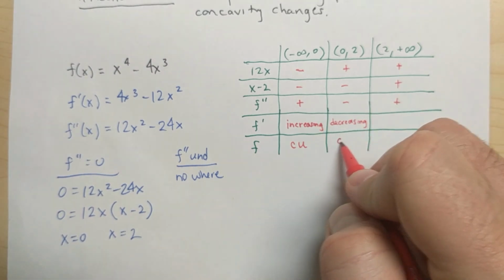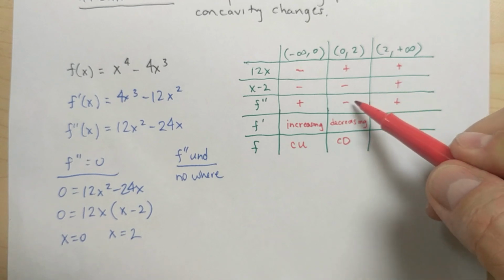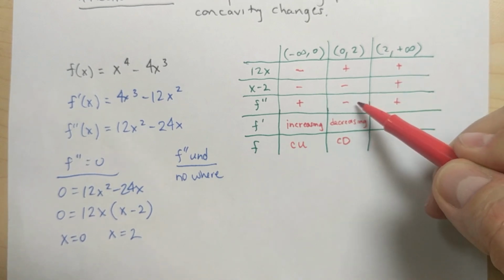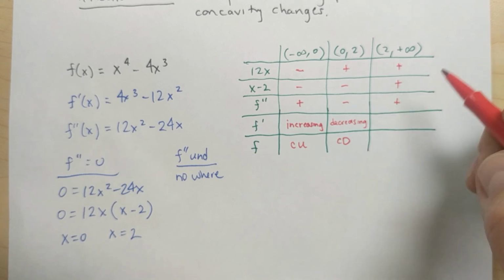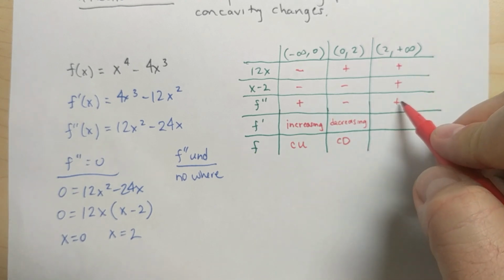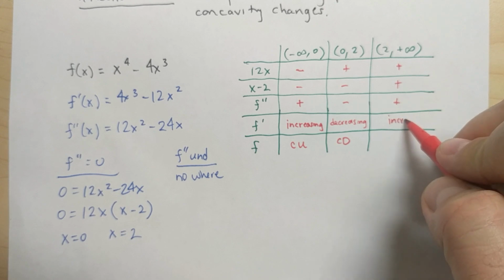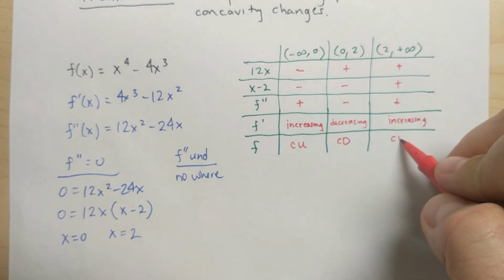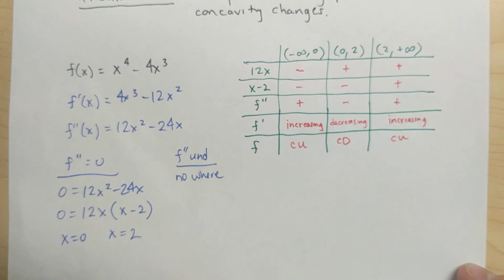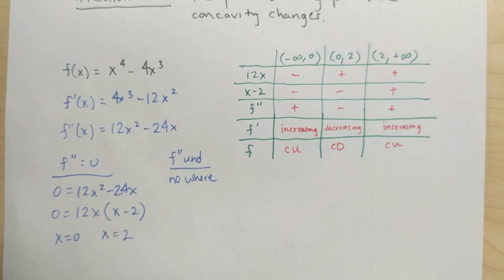Over here, if f double prime is positive, once again f prime is increasing, which means that f is concave upward. So let's write our final result here.